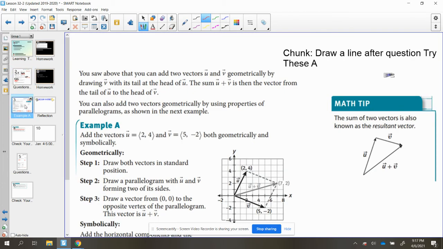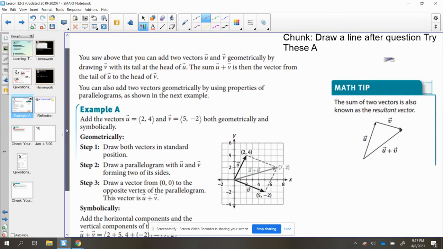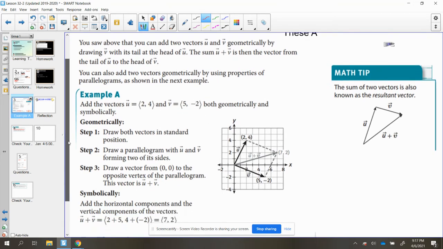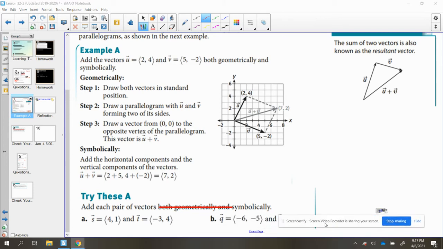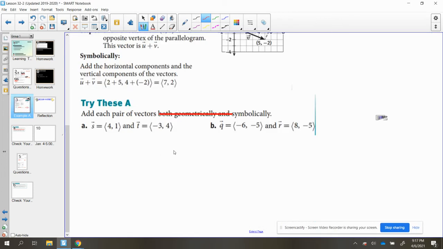All right, so this is an example of vector addition, where you add up the components of the original vectors to get your final answer, and they're also showing these graphically as well, like we did in the last problem. So this next part, we're going to just look at symbolically as opposed to geometrically.